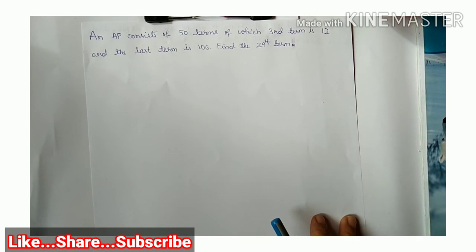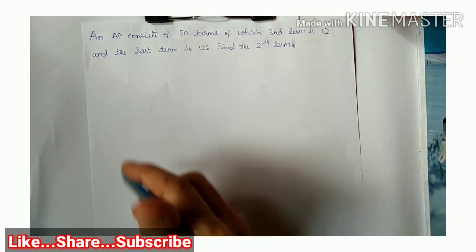Next type of example: an AP consists of 50 terms, of which the third term is 12 and the last term is 106. Find the 29th term.